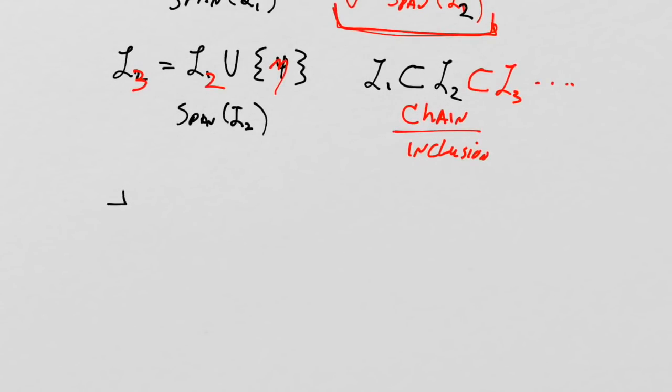I'll call it capital Omega, and that set is the union of all of these subsets of V. And the chain could be infinitely long, right? There's no guarantee that the chain will terminate. Maybe if it's a finite dimensional space, it'll terminate, but if it's not, it won't terminate. But I can create a chain. I can terminate it if I want.